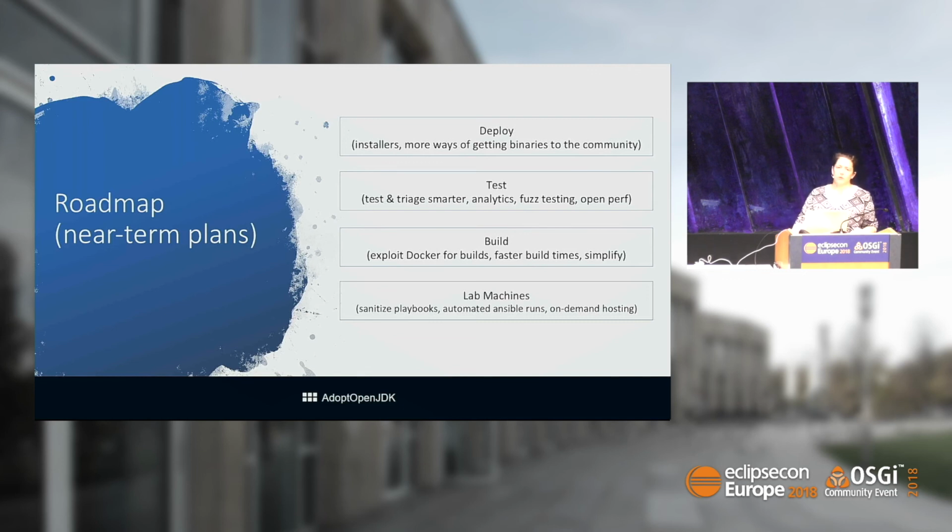We also want to automate and regularly run Ansible to vet and make sure that the lab is running clean. I can't tell you how important this is from the test perspective.